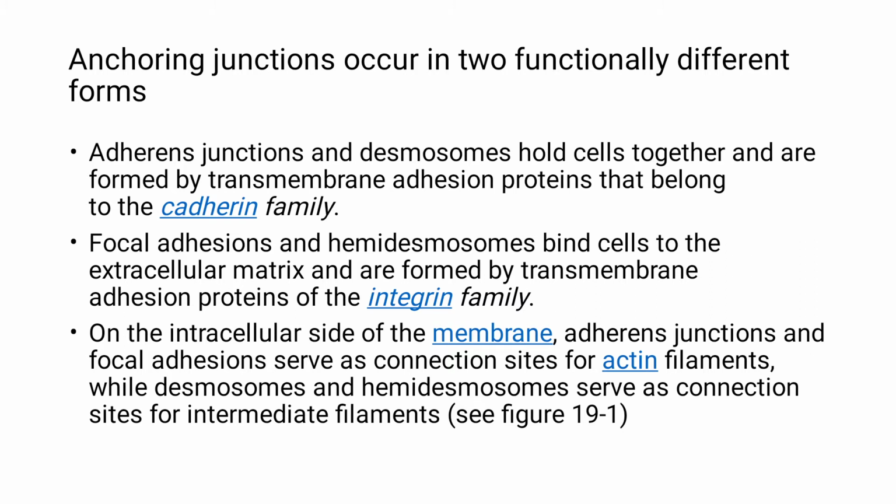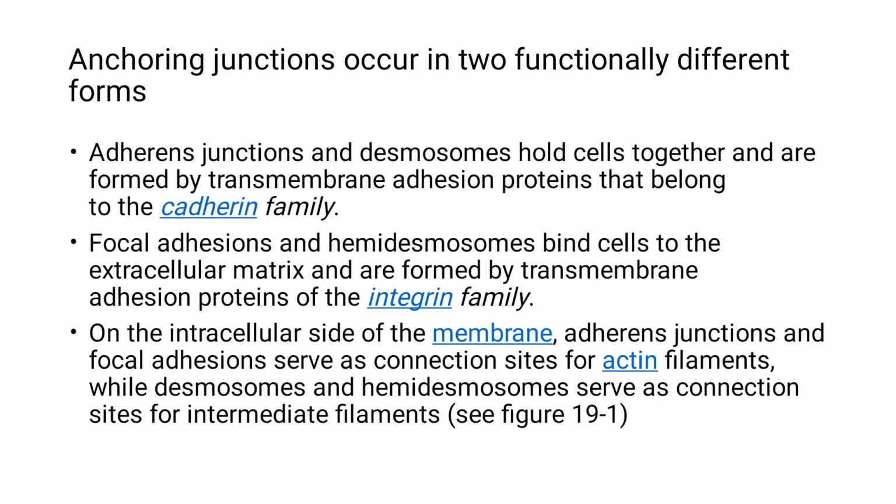And the second one is the focal adhesions and hemidesmosomes, which bind cells to the extracellular matrix and are formed by transmembrane adhesion proteins of the integrin family. Integrin is a member of a large family of transmembrane proteins involved in the adhesion of cells to the extracellular matrix and to each other.